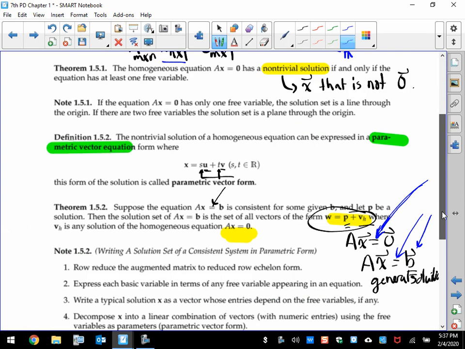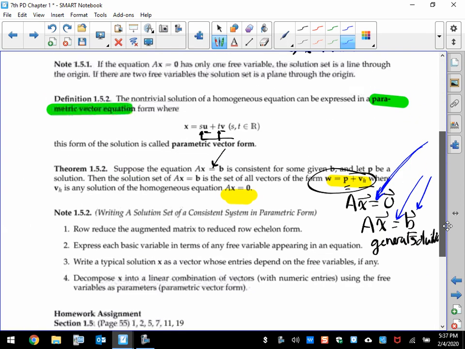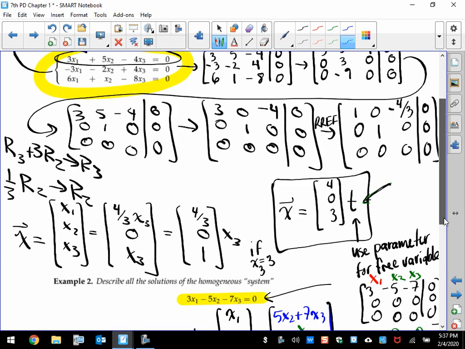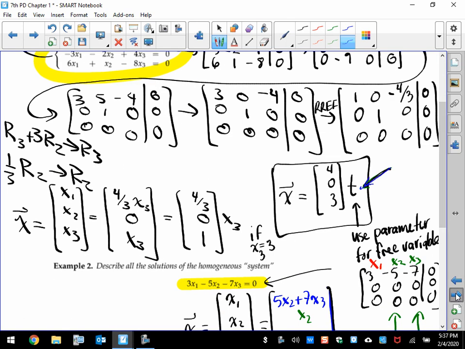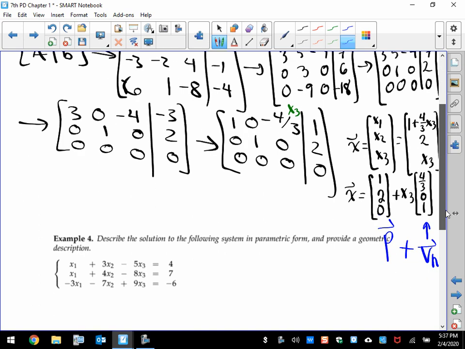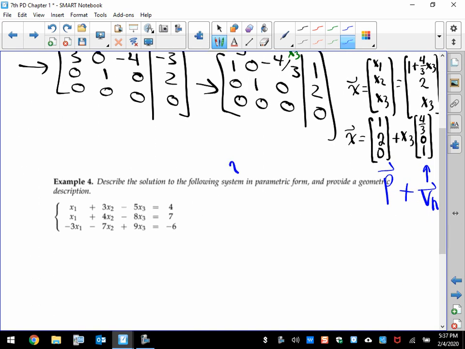So we have our solution vector p from this system, and then vh is the solution vector from the homogeneous system, which we did before in example 1. So here we can write this as x equals 1, 2, 0 plus t times 4, 0, 3. So I chose x3 to be 3 there. So now this is a cleaner form of the solution set.